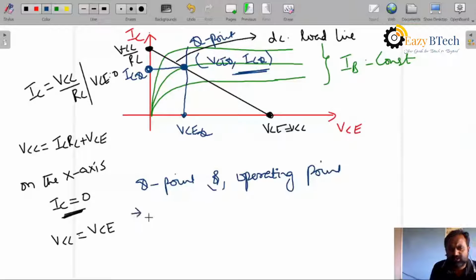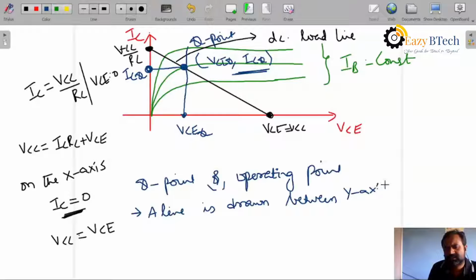A line is drawn between the y-axis, that is IC current, and the x-axis, that is VCE.